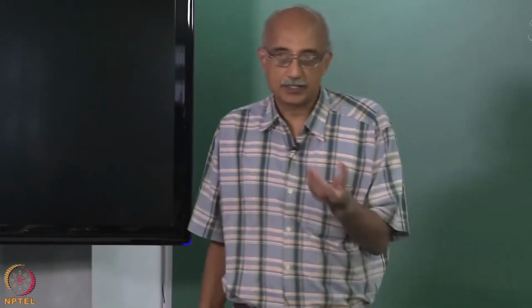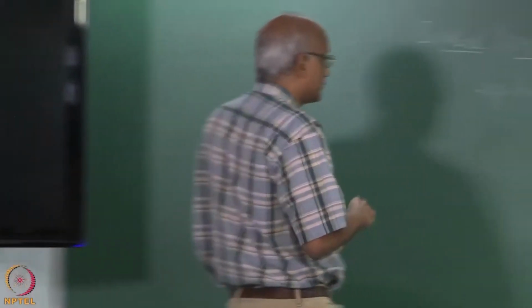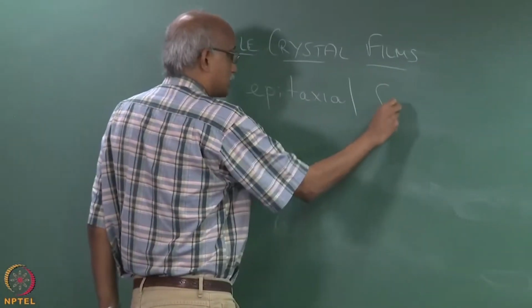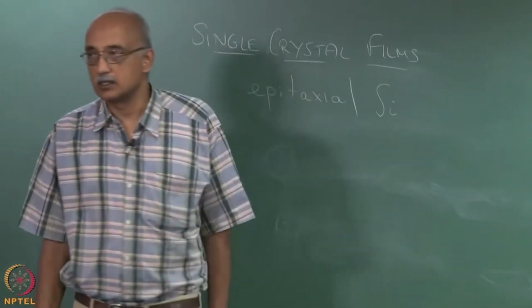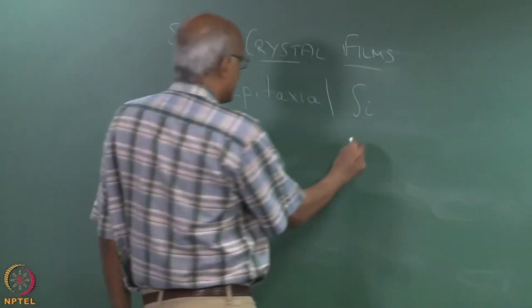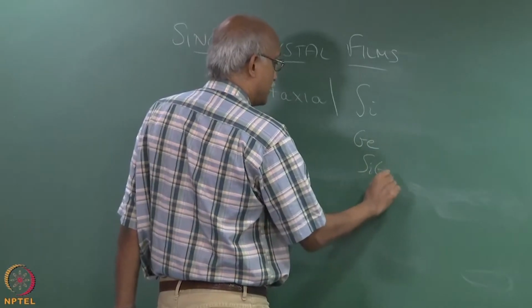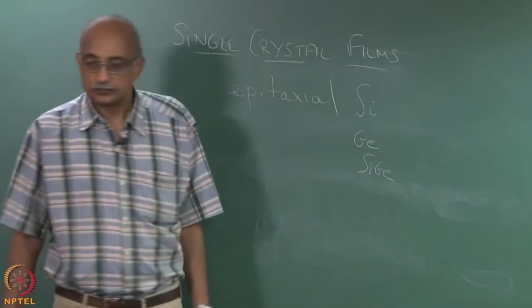In an epitaxial film, you are taking the arriving material and arranging it on the substrate in such a way that you have a very precise crystalline structure at the end of the process. The most commonly realized film using epitaxial CVD is epitaxial silicon, but others are also used, germanium, even compounds like silicon germanium and so on.